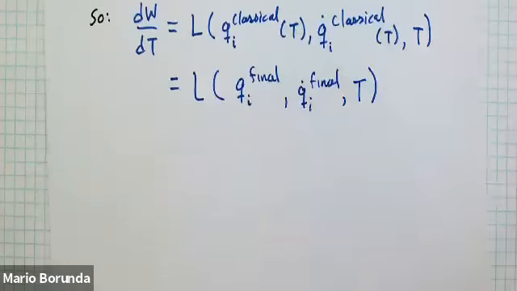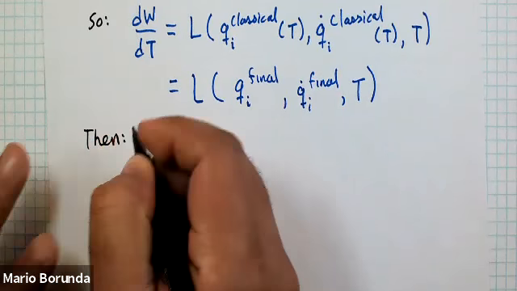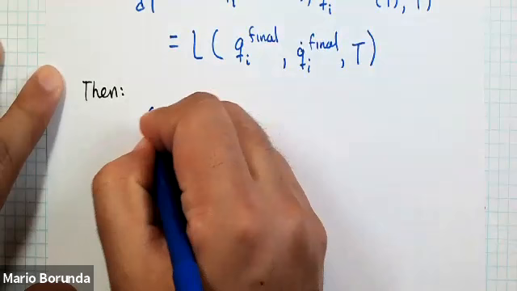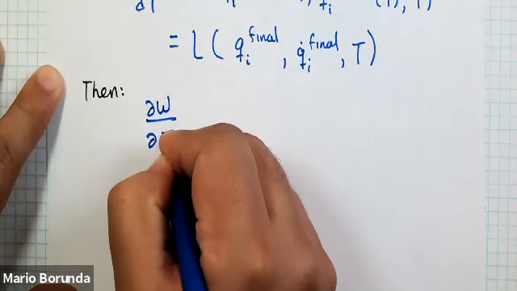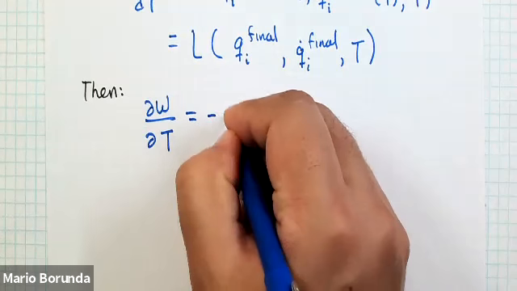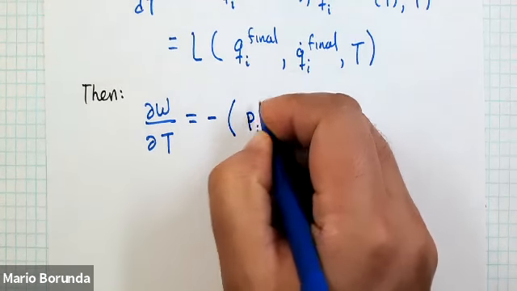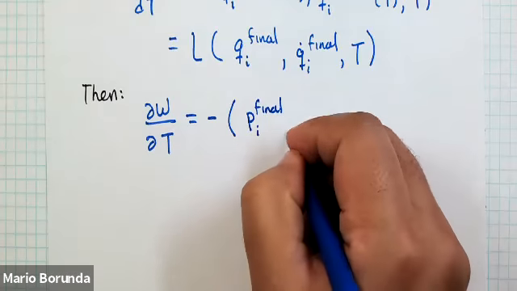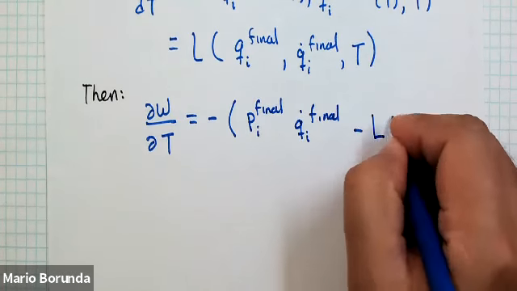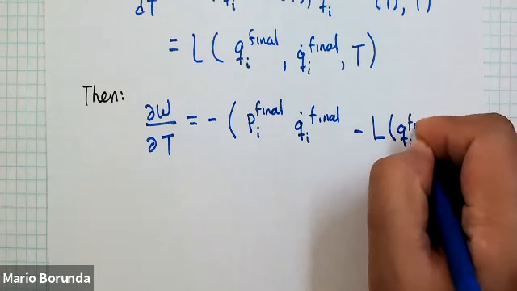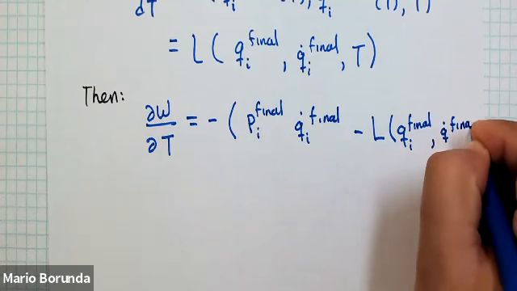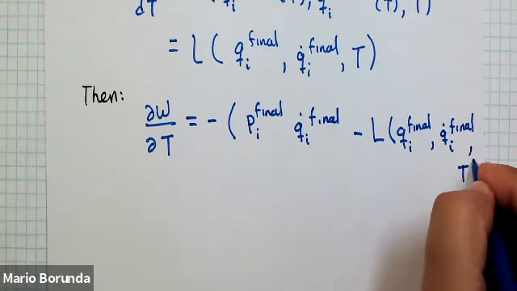So now, if I want to know what this guy by itself is, we have that the partial of W with respect to the final time is equal to negative pi final q dot final multiplied together minus my Lagrangian evaluated at the final time with qi final, q dot final, and final time.